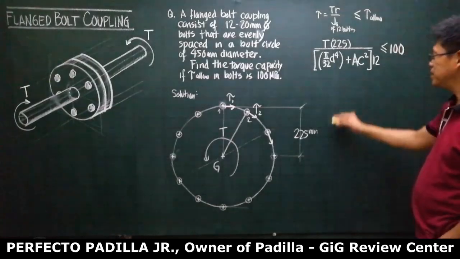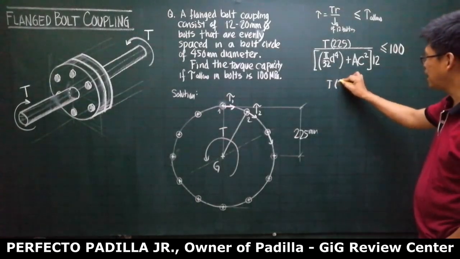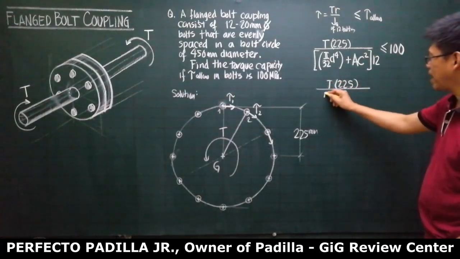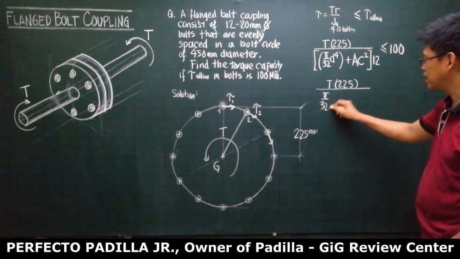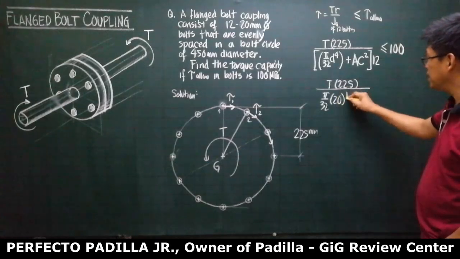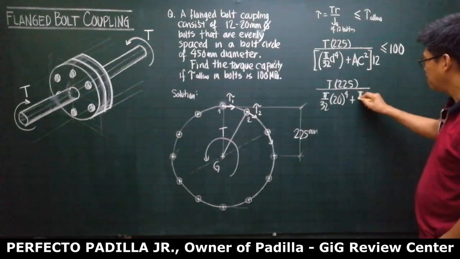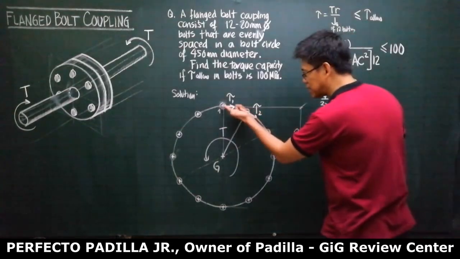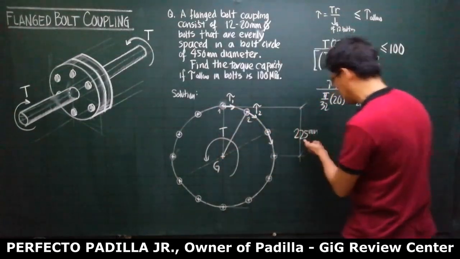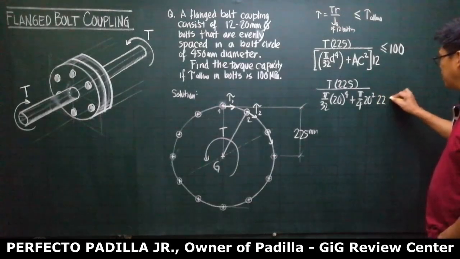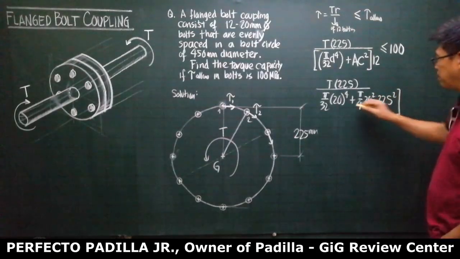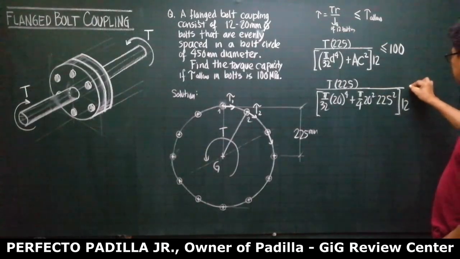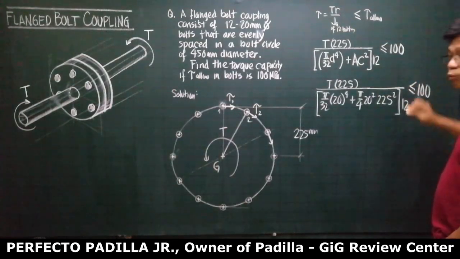So we substitute: T times 225 all over pi over 32, diameter 20 to the fourth, plus area pi over 4, 20 squared, transfer distance from local to global, that is 225 squared, multiplied by 12. And this must be less than or equal to 100.